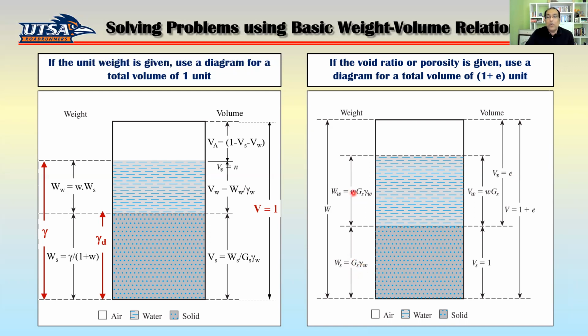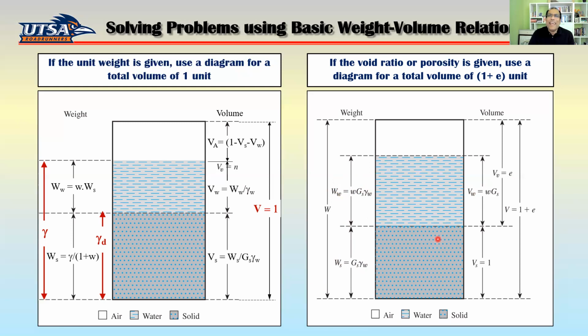Once you know the water content, you just multiply your WS with your W, so you get the weight of water. And once you know that, you just divide it by the unit weight of water, and you can get the volume of water. Once you get all these parameters, then basically you can solve the problems.